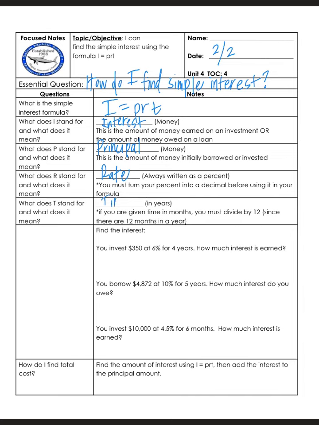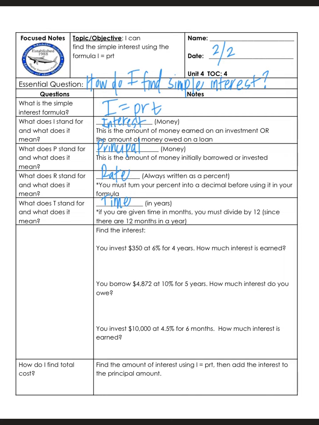So we're typically going to be given time in years, like over the course of 3 years or 6 years, etc. But if we are given months, so if they say over the course of 6 months, then you would take that amount of months and divide it by 12 because there are 12 months in a year, and you would write that decimal into your formula as your time.